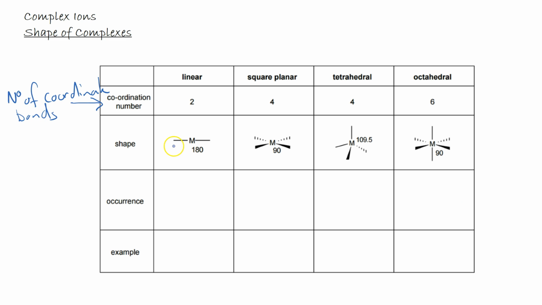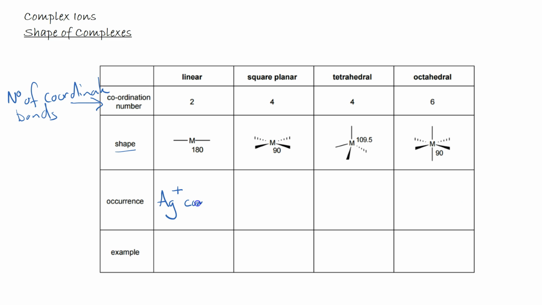We're indicating the transition metal in the center as M, and we've got our 4 different shapes. So the second line here, we've got a shape for linear of 180 degrees. That would be the bond angle. It's got 2 ligands attached to it.